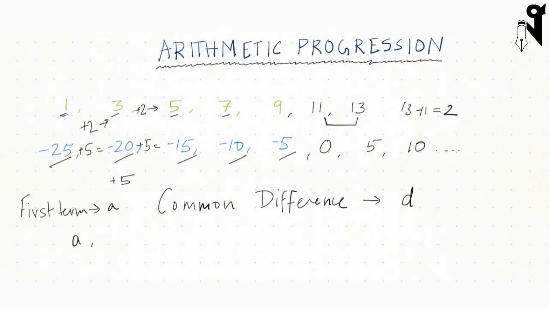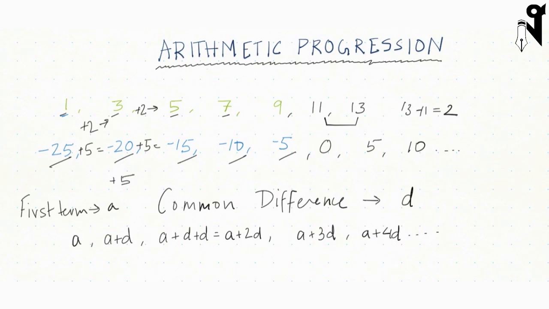The second term, if I take this a and add the common difference, I get a plus d. Similarly, the third term will be a plus d plus d, that is a plus 2d. The next term is going to be a plus 3d, then a plus 4d, and so on.